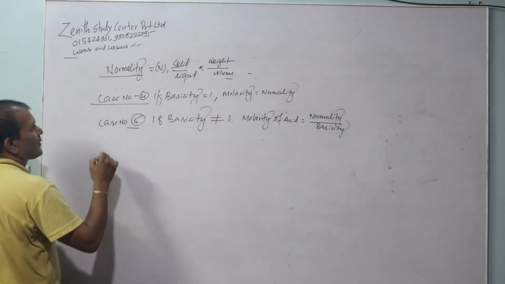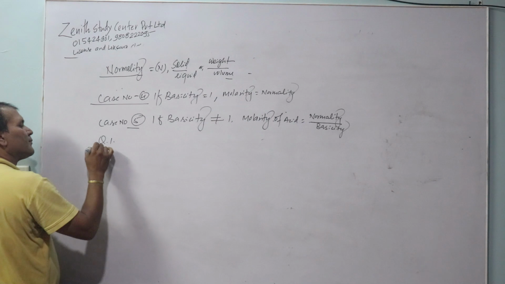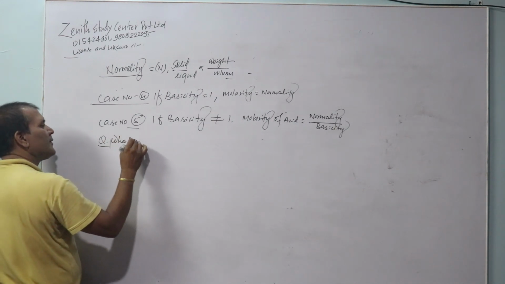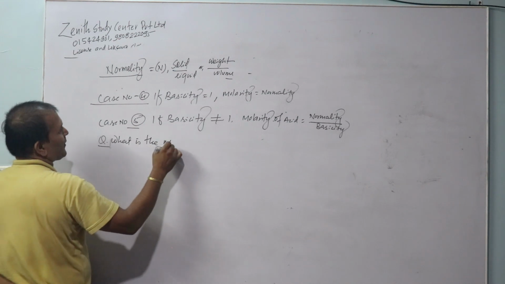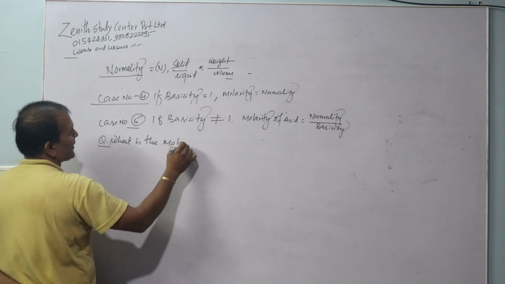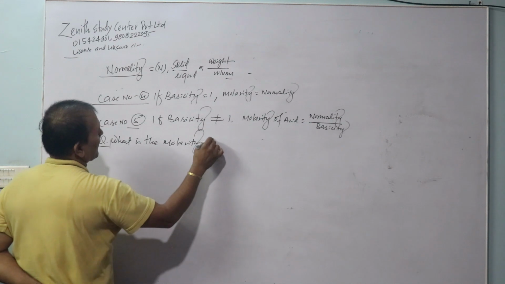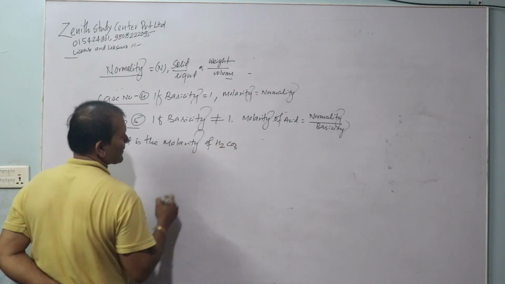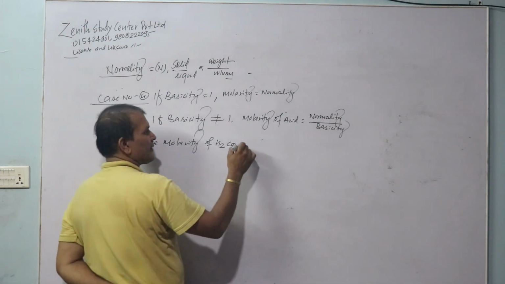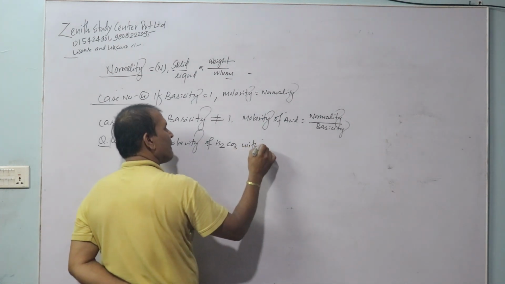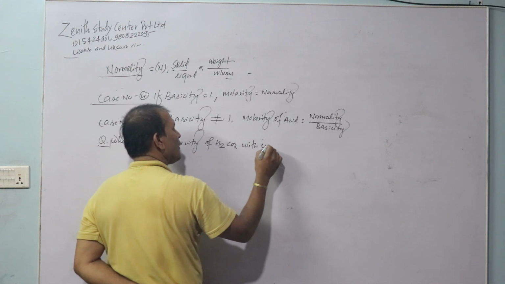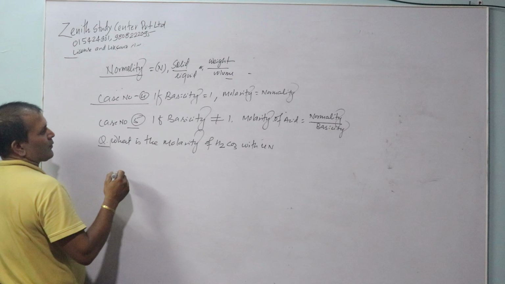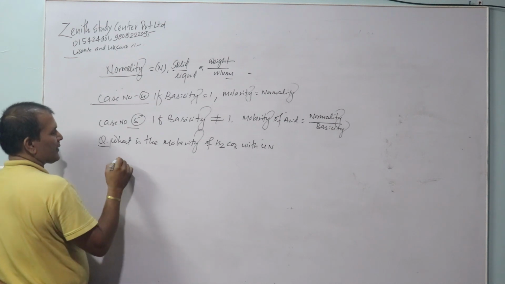For example, question: what is the molarity of carbonic acid, H2CO3, with 4 normal? Here you can calculate it.